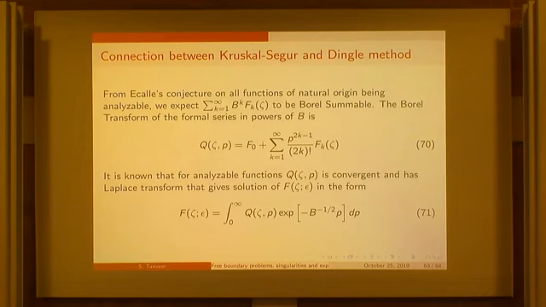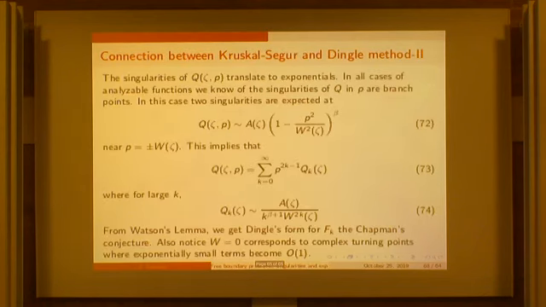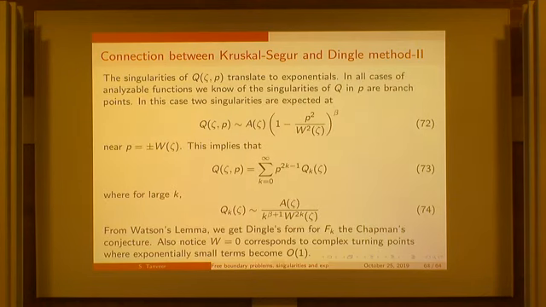The singularities are always branch points, for some mysterious reasons we do not completely understand. So this is the form of the singularity. It's not quite correct; this is only true locally near p equal to w plus or minus.